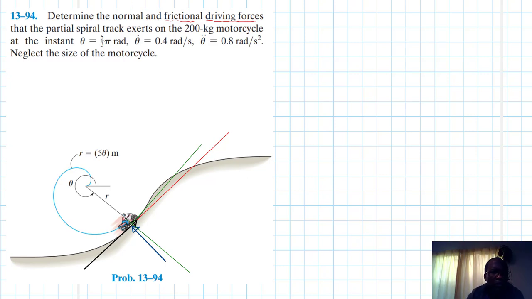Let me show the coordinates. We have this one, which is our radial coordinate, and this one, which is our theta coordinate. So this is our theta and this is our r, and this one here is our normal force.